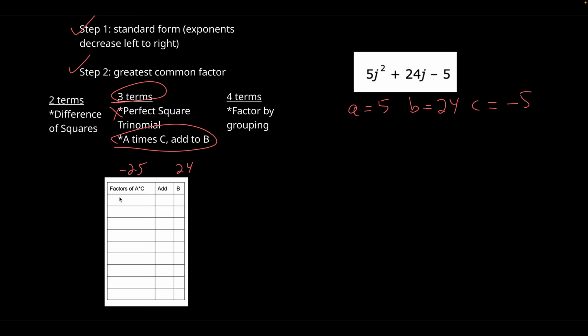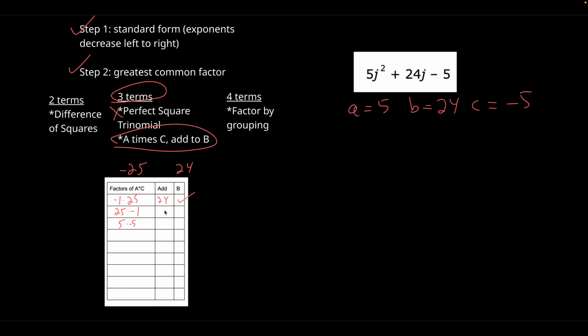Well, factors of -25, that would be -1 and 25, or 25 and -1. Then it would be 5 times -5, or -5 times 5. All right, when we add them up, this gives me positive 24.